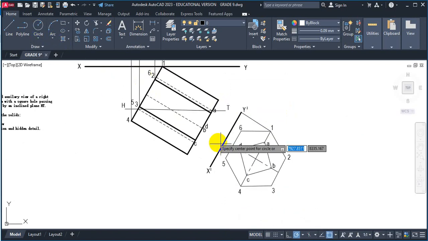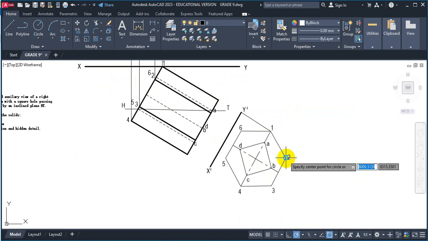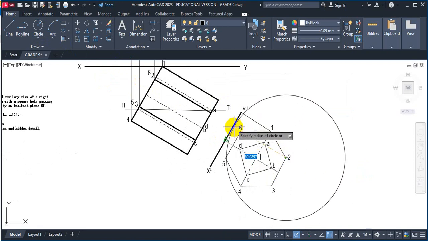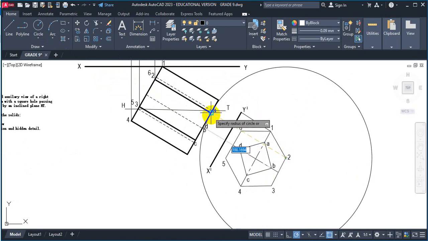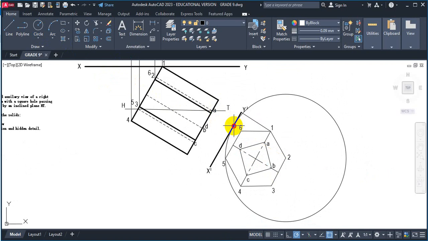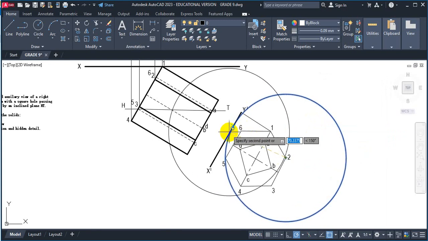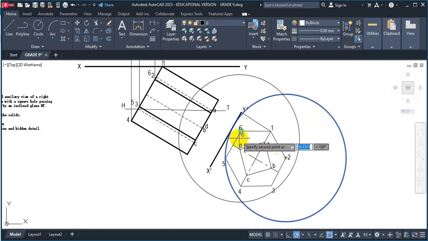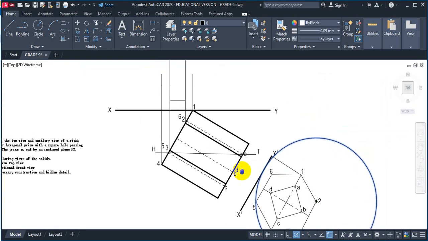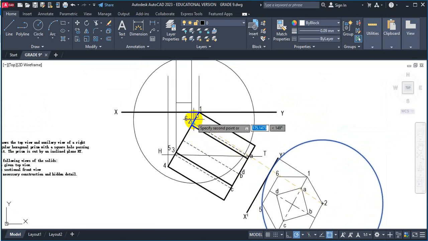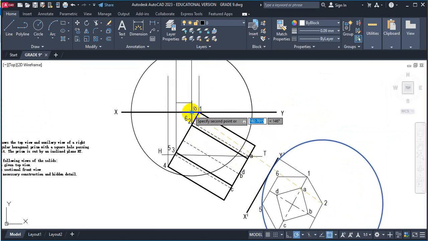Last part is from 2 to the X1, Y1 line. Let's line it up. You're taking this distance from 2 to the XY line. So let's move this distance from 2 to the X1, Y1 line. We place it on the XY line.